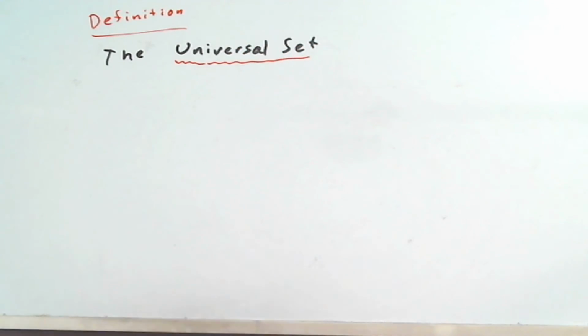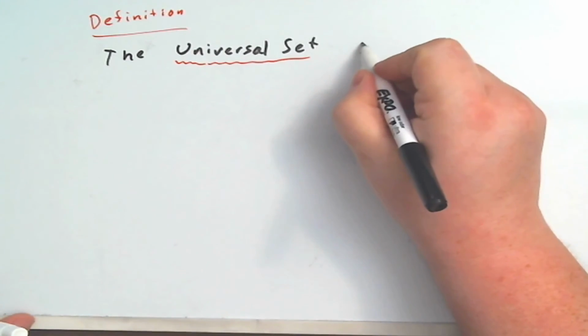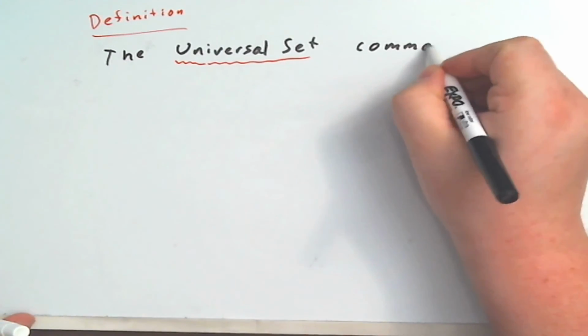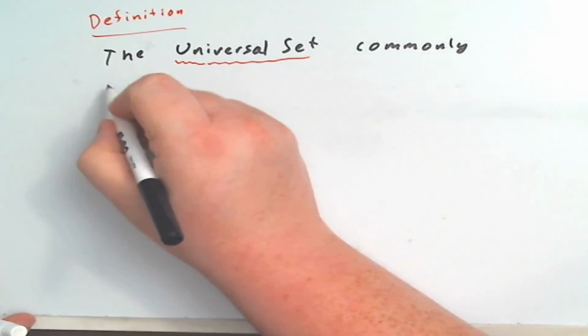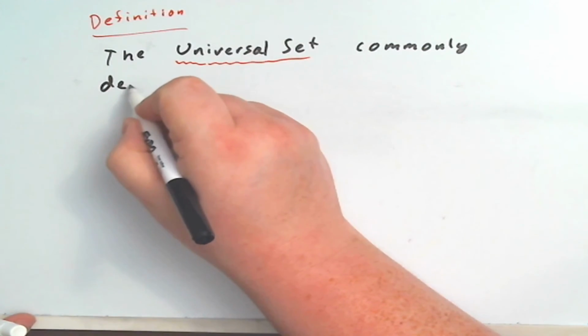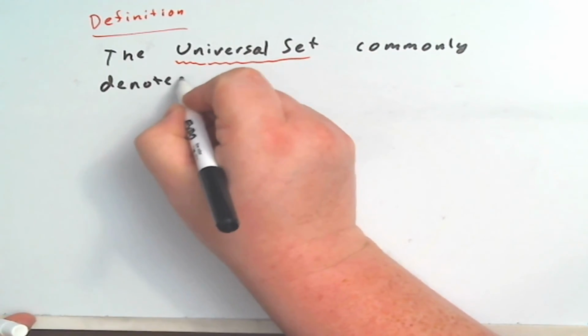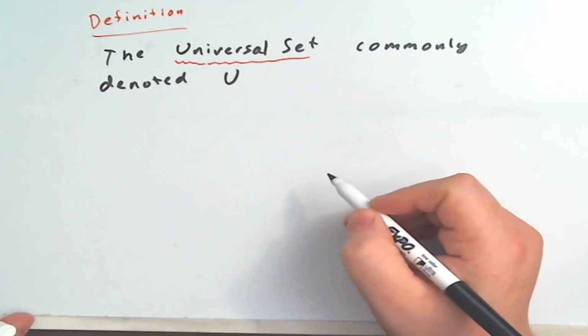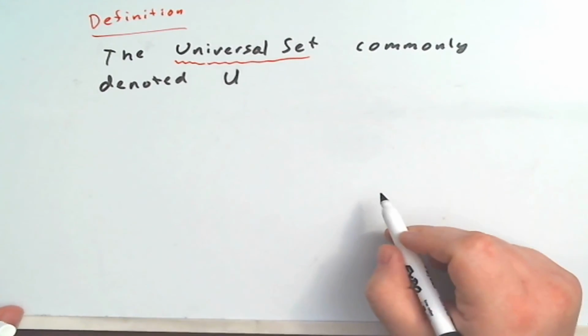The universal set is commonly denoted with a capital U. Put a little U with a tail there.